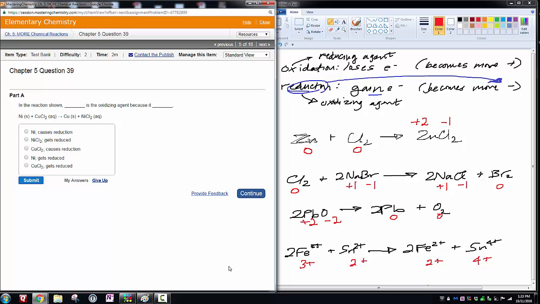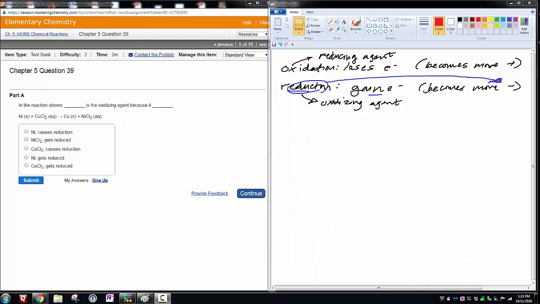Okay, in this reaction, what is the oxidizing agent and why? So if we write this one out, nickel plus copper(II) chloride goes to form copper plus nickel(II) chloride.